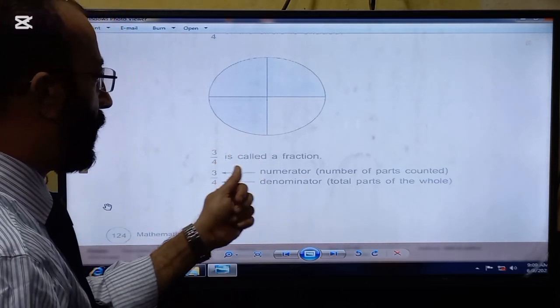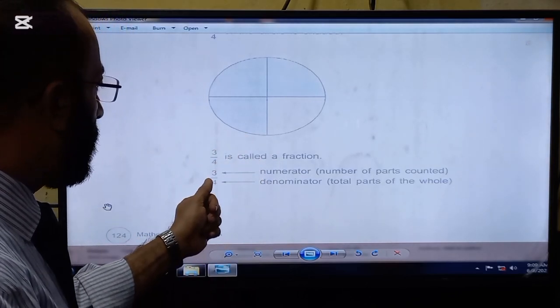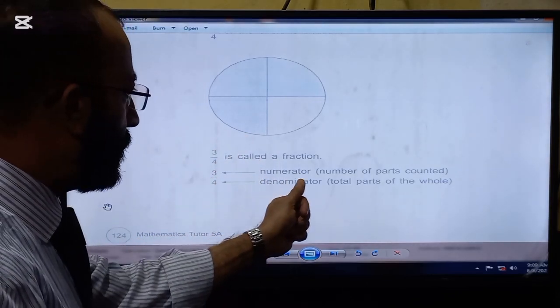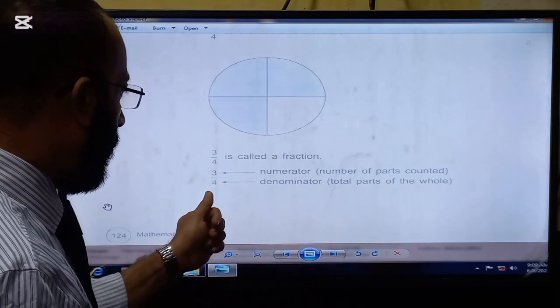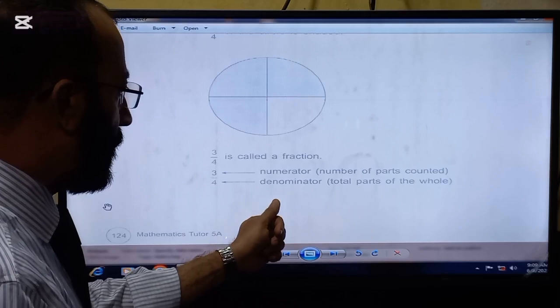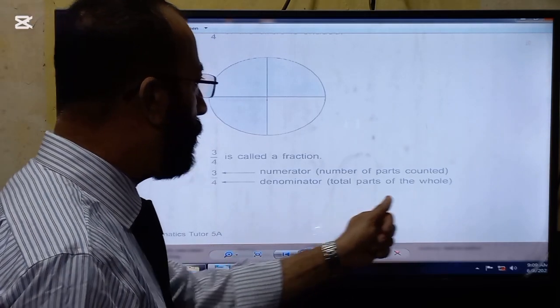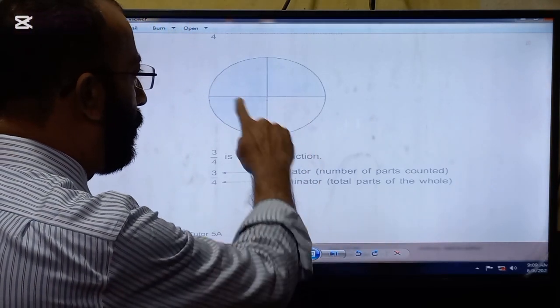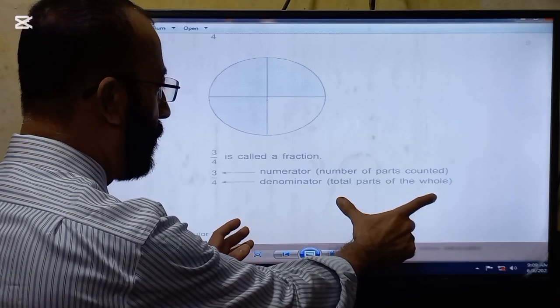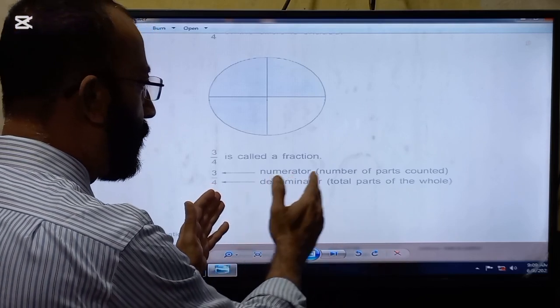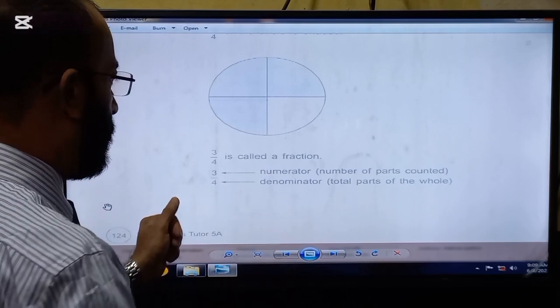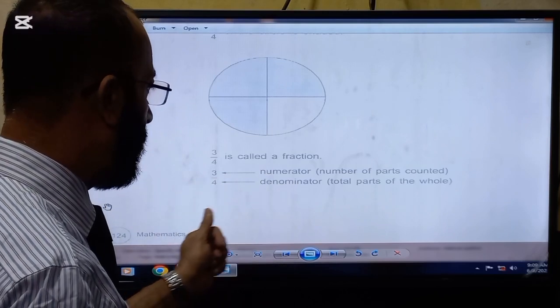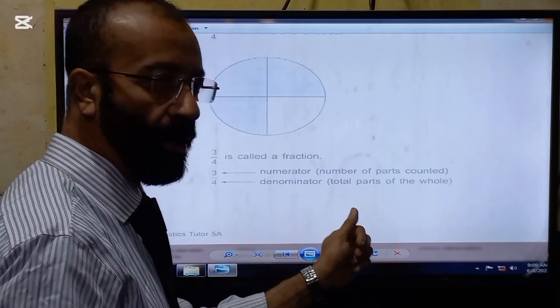In it, 3 is the numerator, the number of parts counted: 1, 2, 3. And 4 is the denominator, the total parts of the whole, because there are 4 parts in the whole. So 3/4 is a fraction in which 3 is the numerator and 4 is the denominator.